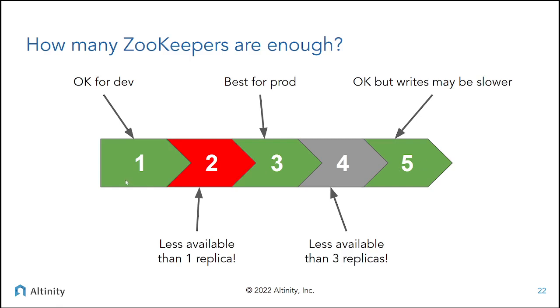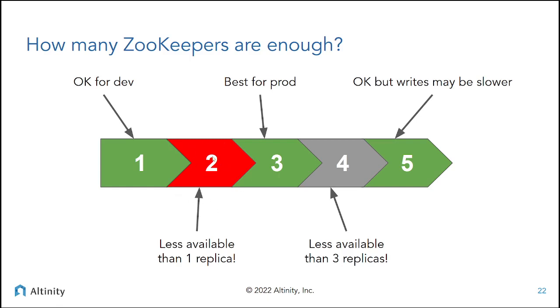You'll notice they're always odd numbers, and that's because in order for a Zookeeper ensemble to function, it needs to have quorum, and quorum is defined as a majority of the servers. In the case of development, a quorum is 1. In the case of production, where we're running 3, the quorum is 2.